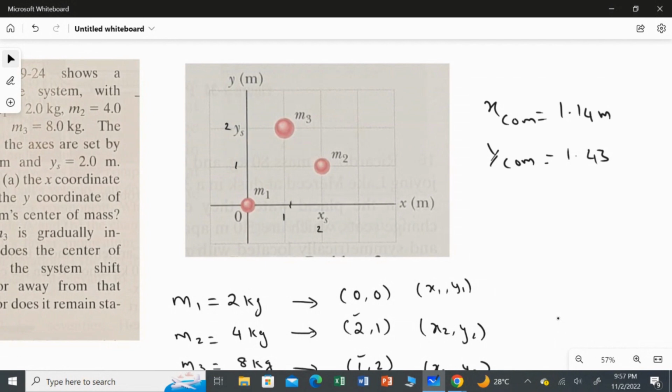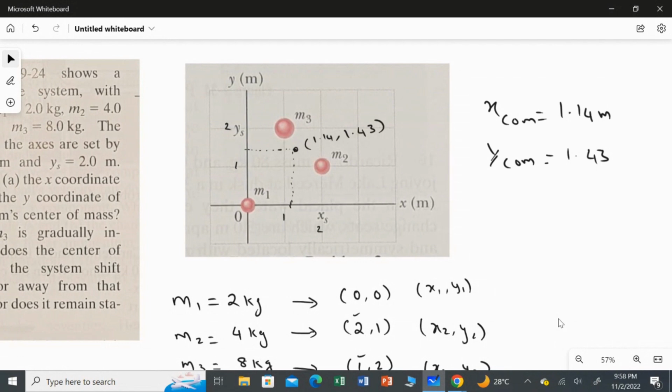So this is 1.14 comma 1.43. Clear? This is our center of mass for these three particles.